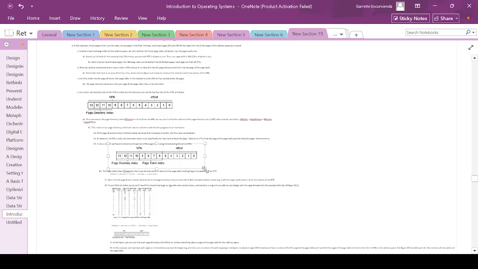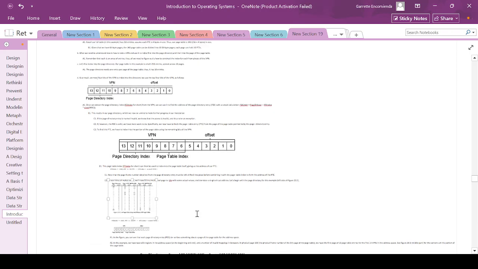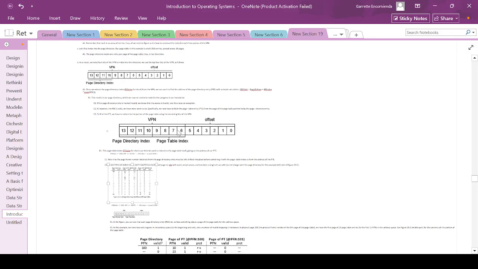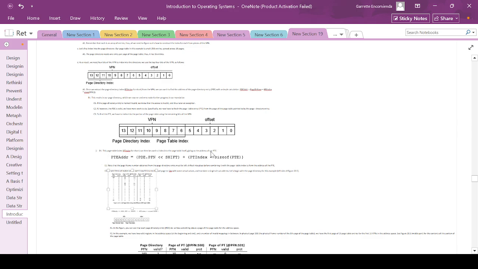So here we have a page table index. We start with the page directory index, and now we have this page table index. It's still part of the VPN, as you can see. This page table index, PTE index for short, can then be used in the page itself.